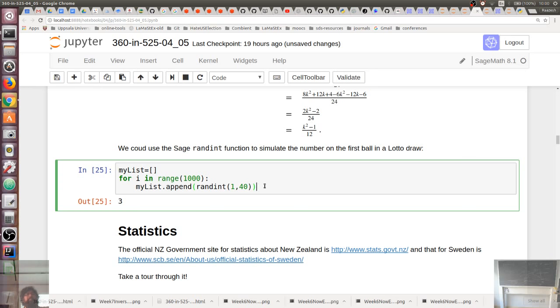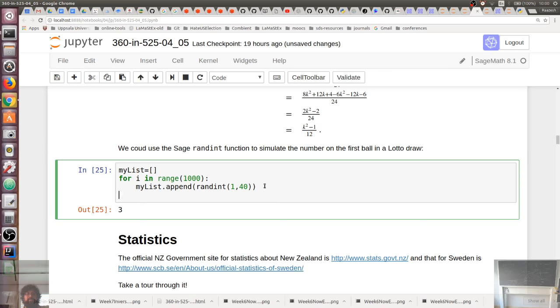So this will give me a list that's 1,000 long. And then I'm trying to remember, for x in my list.